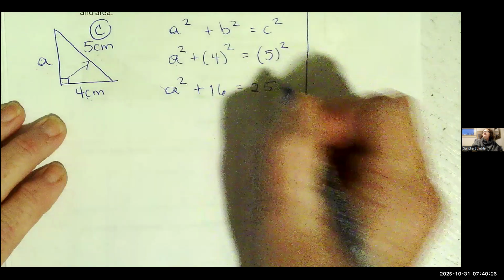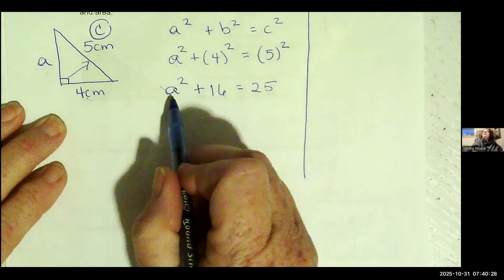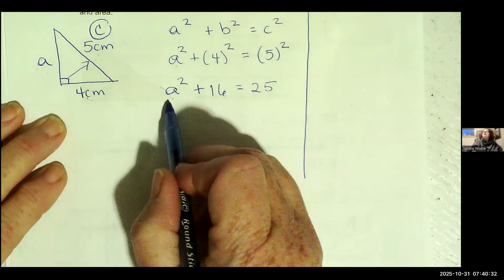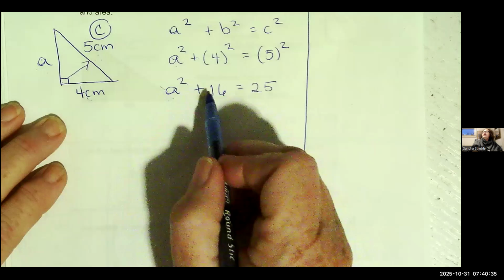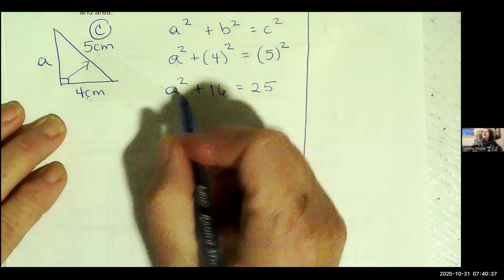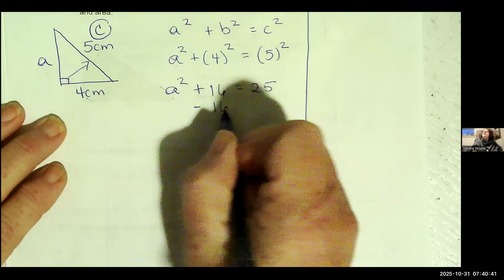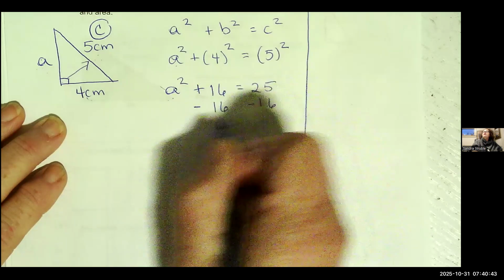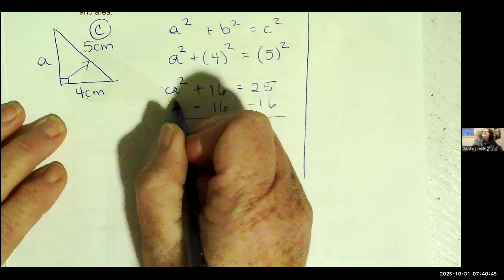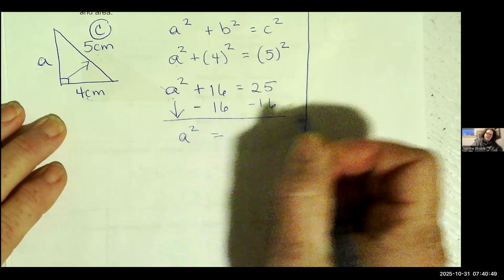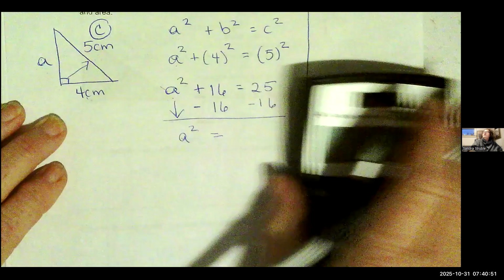Solving for A. Well, I've got a 16 added to my A over here that I don't want attached. So I need to move it to the other side because it's added. The opposite of addition is subtraction. So we're going to subtract 16 from both sides. Bring your A squared down. And then 25 minus 16 is 9.